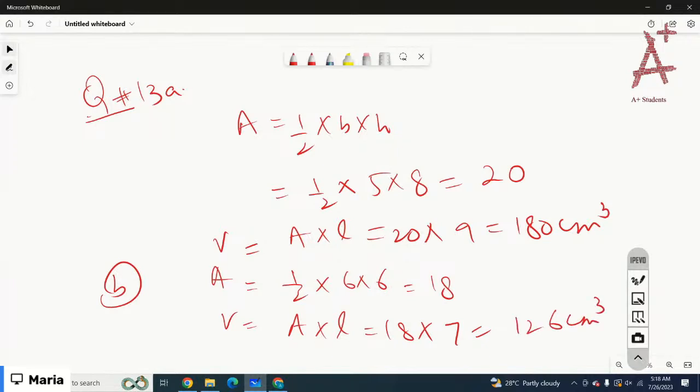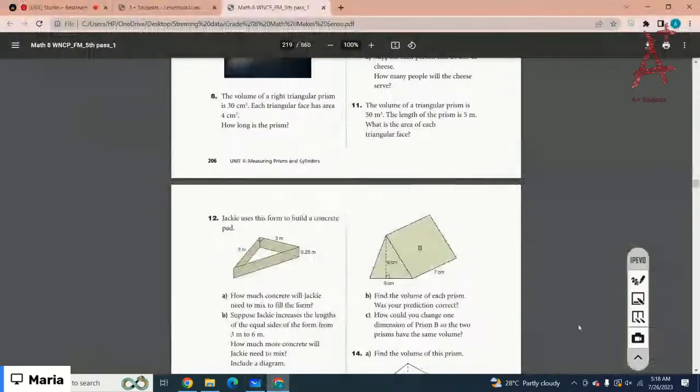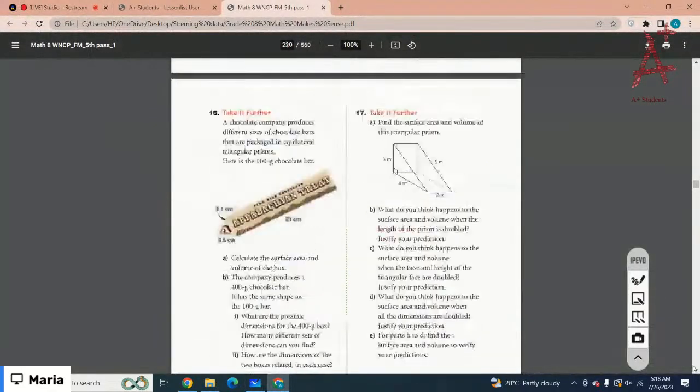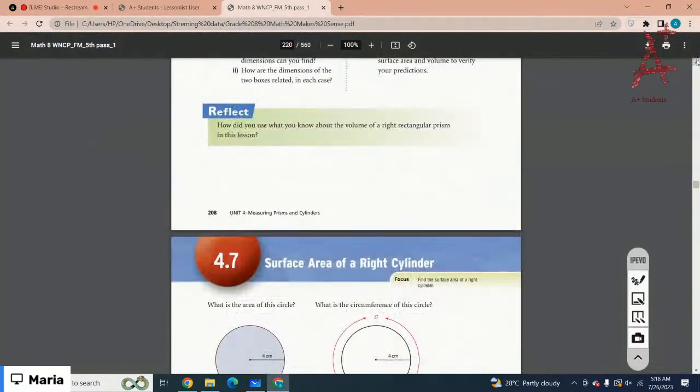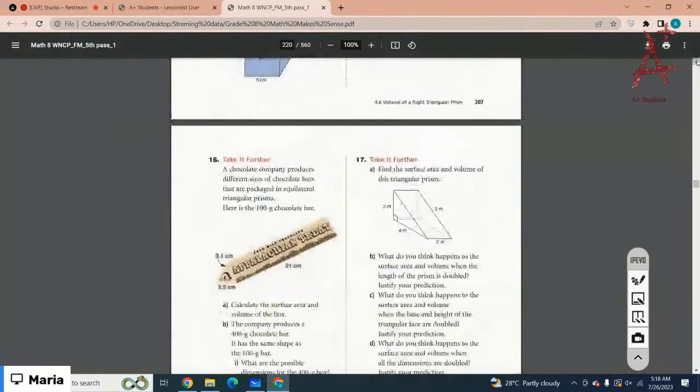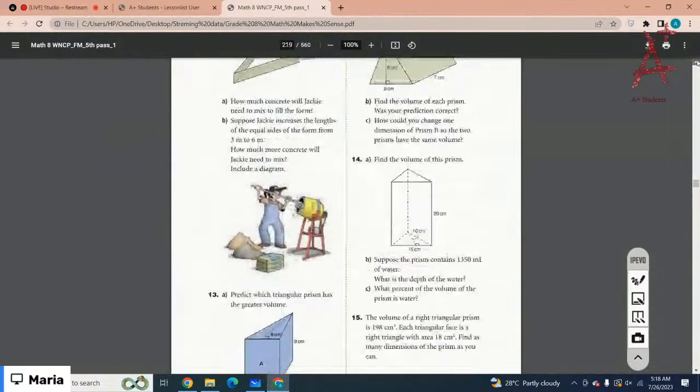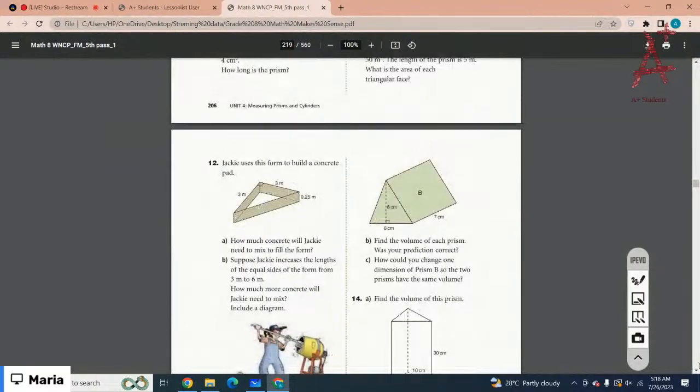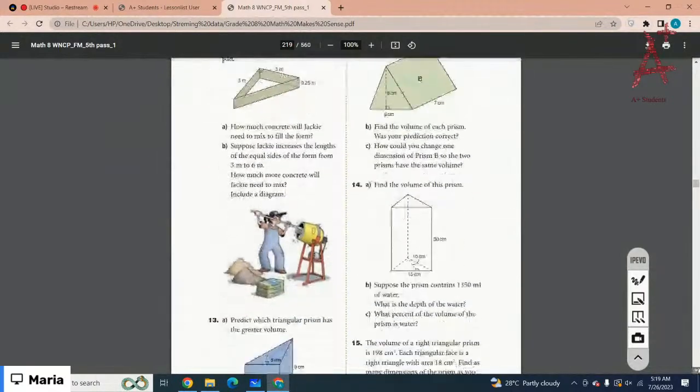So now we have the volumes of the two shapes. But the question is, let me read the question. Predict which triangular prism has the greater volume.